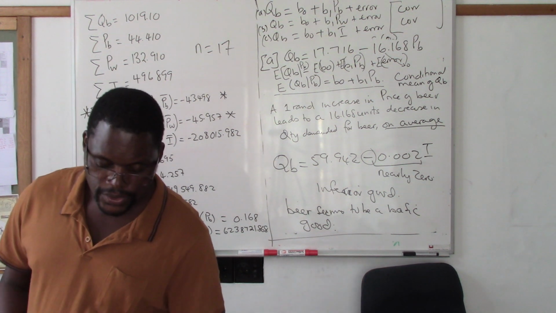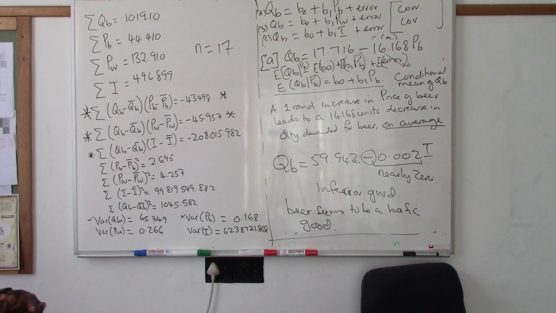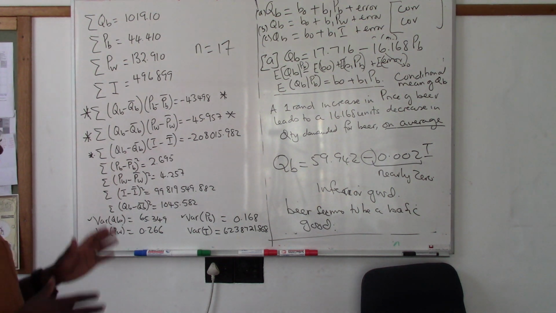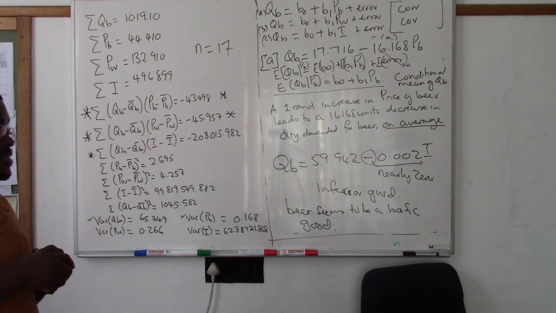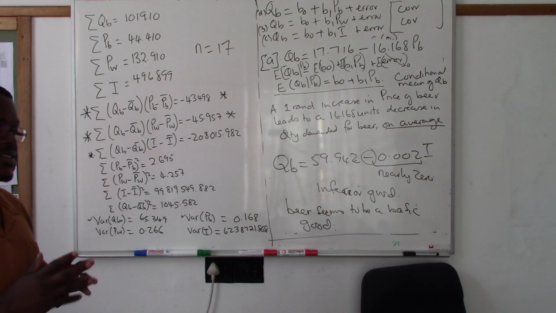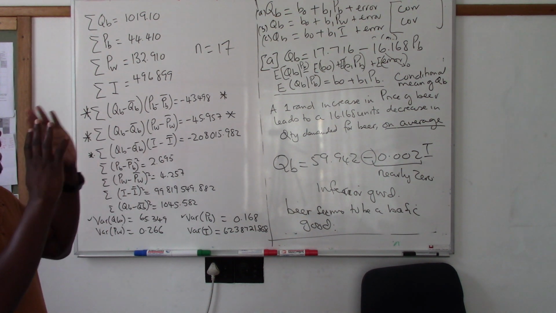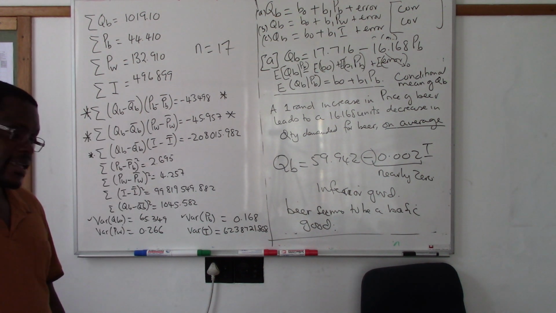So that's how you use your econometrics to test your economic theories. We could have, for example, tested some hypotheses, but because we are still doing introductory parts, we are not testing any hypothesis yet. It's just learning how to calculate the coefficients and how to interpret them, okay?